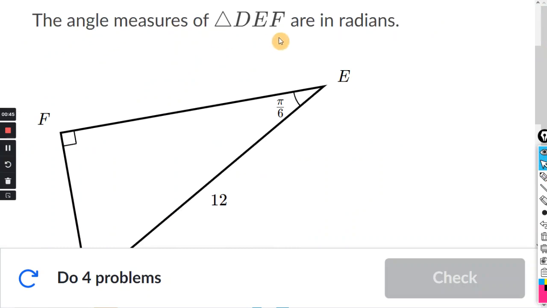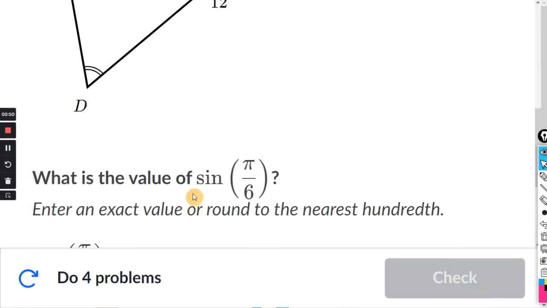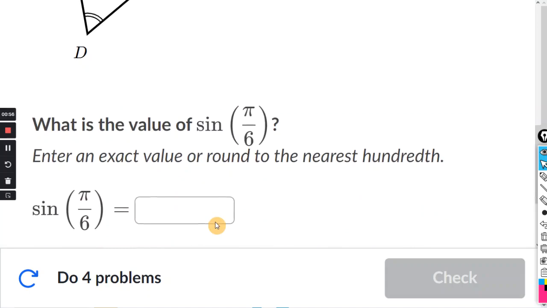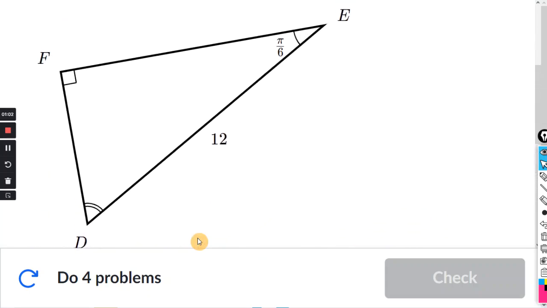It says the angle measurements of this triangle are in radians. What is the value of sine of pi over 6? Enter an exact value or round to the nearest hundredth. Of course, you can easily do these on the calculator, but I'll show you the way they want you to do these.